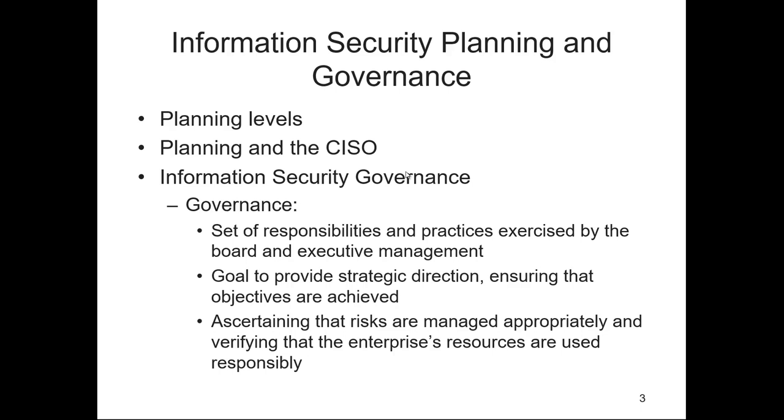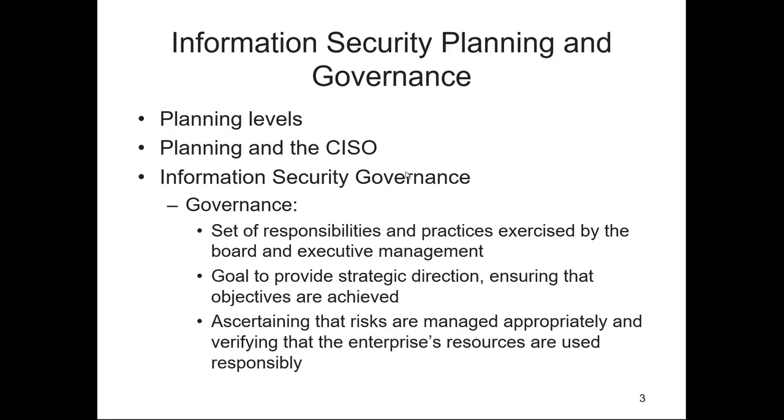Managers and employees use operational plans that are derived from the tactical plan to organize daily tasks. So the operational plan is the daily operations that we do on a daily basis, and from the tactical plan we can organize these daily tasks and make sure that the daily tasks are secured.